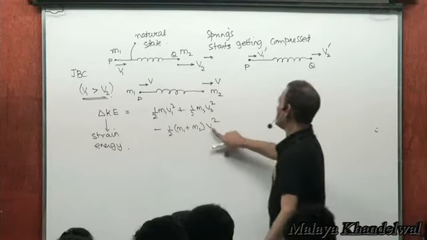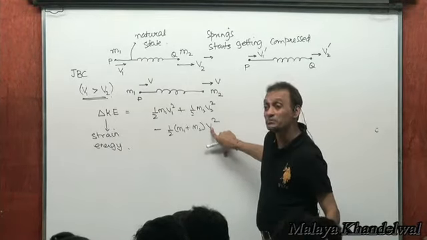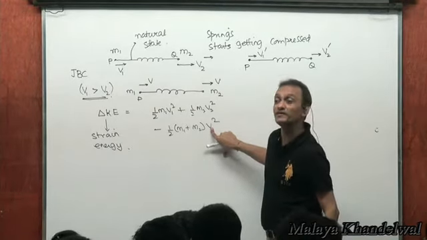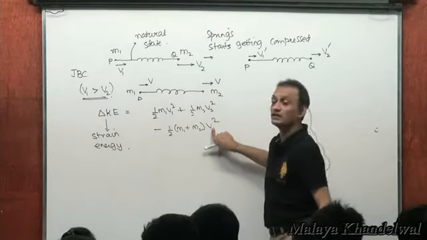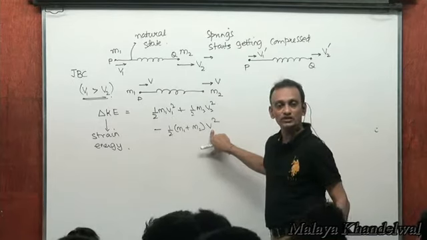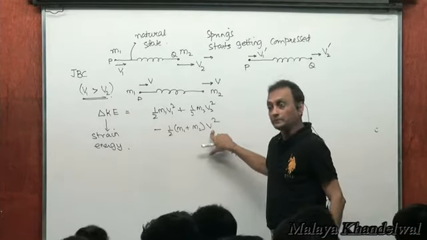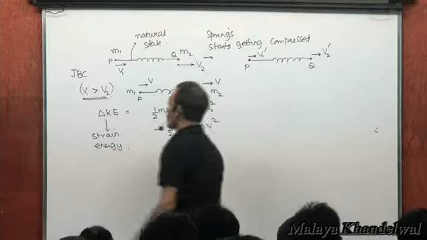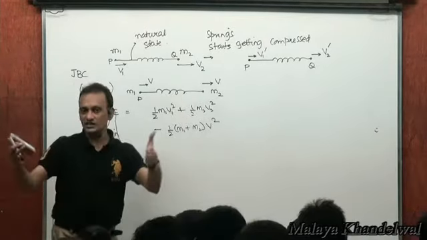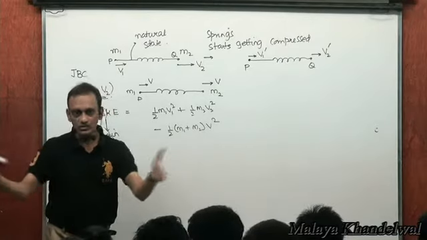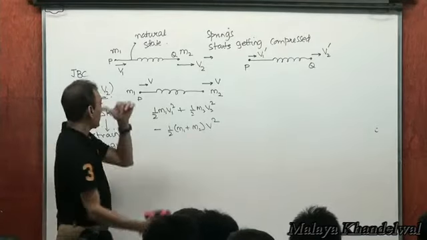where v can be obtained from linear momentum considerations: m1 v1 plus m2 v2 would be m1 plus m2 into v. That v is obtained from these considerations, right? Now, from this point onwards, the spring is still in a compressed, deformed state, right?